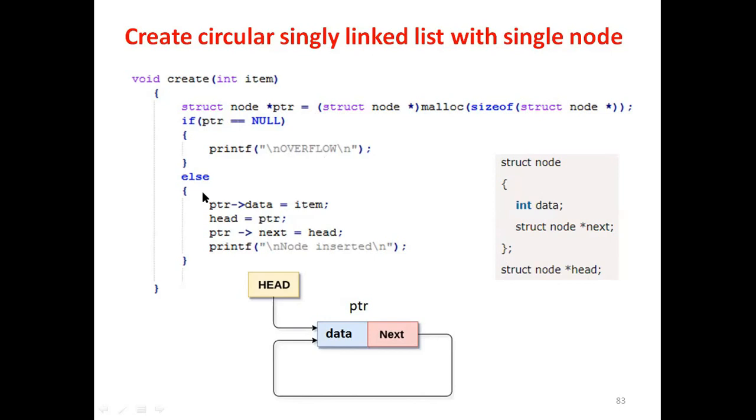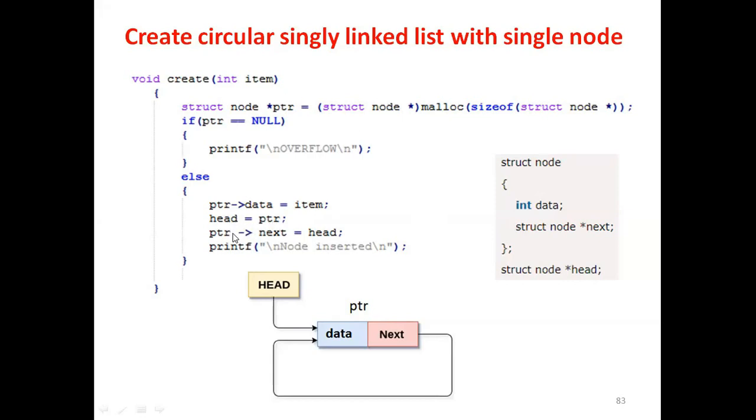Else, the node is created and memory is allocated, then what to do? ptr arrow data equals item. We have to assign the data value. Then head equals ptr, because head will point to this node. This is the first node created and head should point to it, because head contains the address of this node.